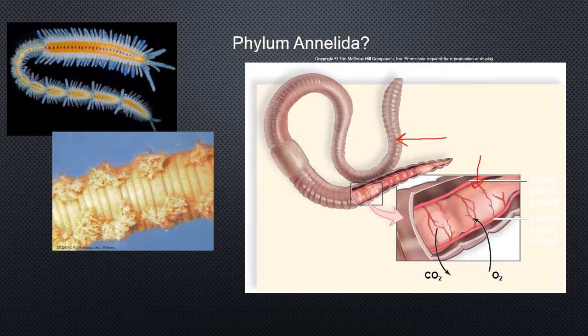So diffusion directly across their thin skin. And in Annelida, remember if you saw the sandworms, so there are some aquatic versions, and those aquatic versions again have diffusion across their skin. Some may have extra little feathery areas that look a little bit like gills as well.